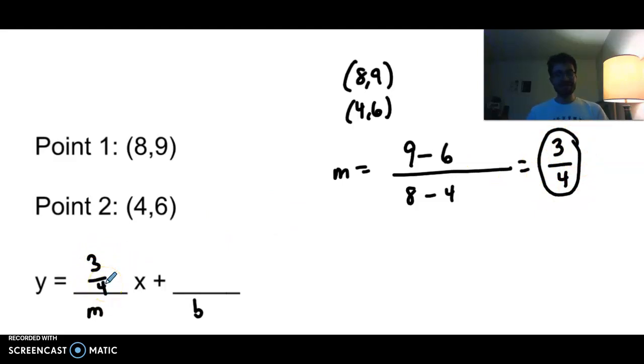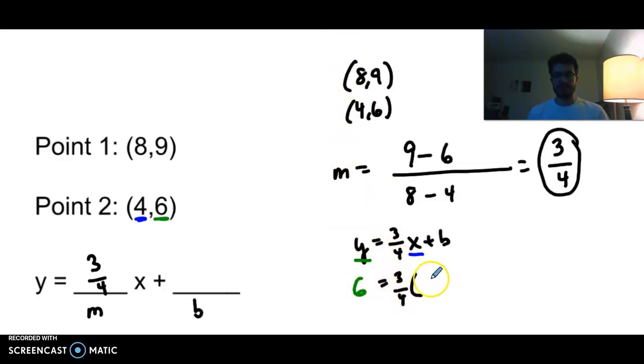And now to find my b, I can pick any point I want, and I can put it in the equation, and I can solve for b. So we have y is equal to 3/4 x plus b. I'm going to pick this point, so we'll say here's our x, here's our y. So instead of y, I'll put 6.